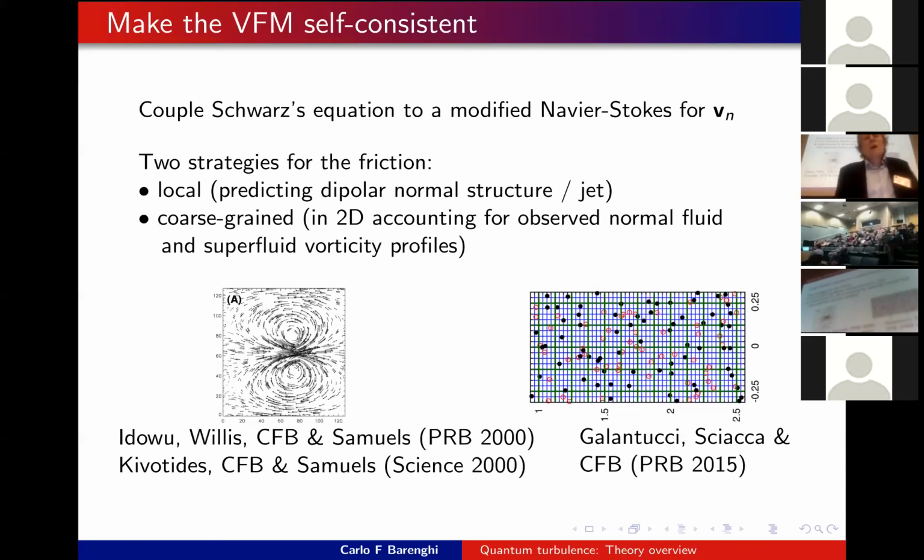You come up with a scheme to implement a friction generated by vortex lines, which are described in a Lagrangian fashion, so that the variables are the position along curves, on some Eulerian mesh for the normal fluid. And this very strong local forcing will generate structures in the normal fluid which look like these kind of jets or dipoles, if you want.